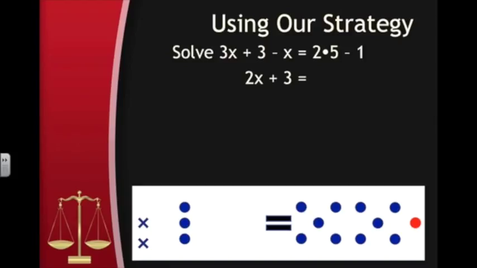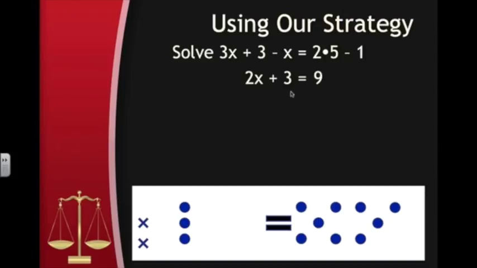There are no variables on the right side, so we can simplify by using the proper order of operations. If we multiply 2 by 5 to get 10, then subtract 1, we end up with 9 on the right side of the equation.